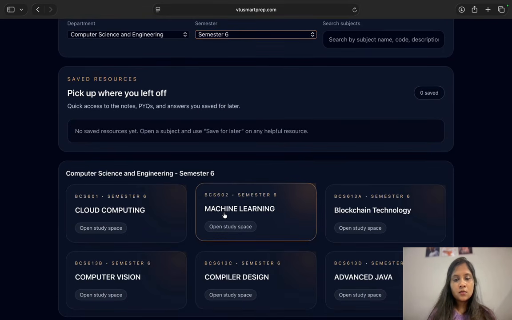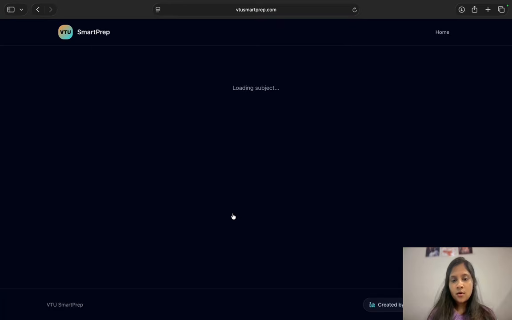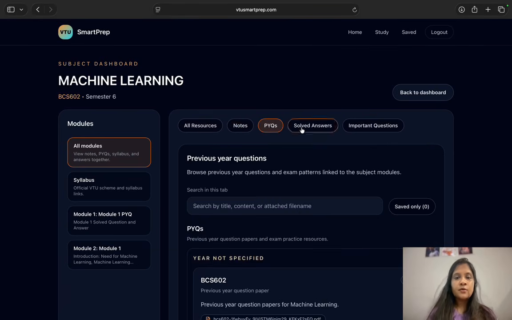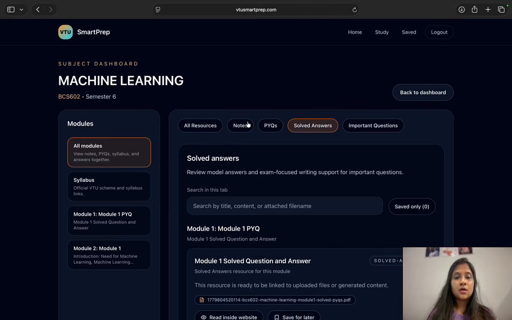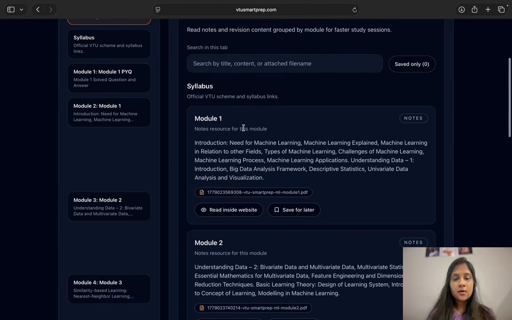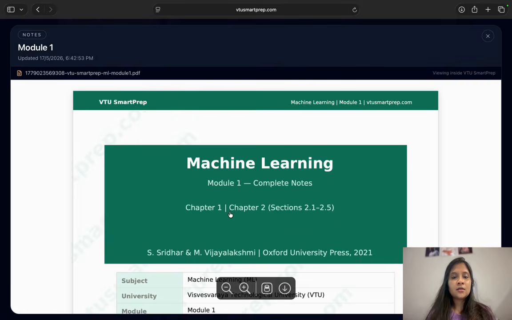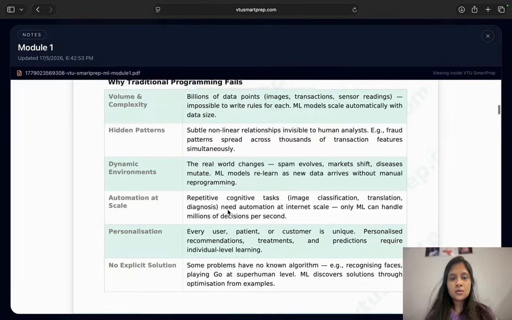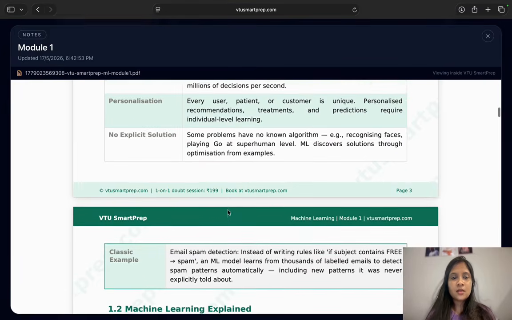So I was talking about machine learning. Here you are going to get the syllabus, notes, PYQs and solved answers. Notes are available for module 1. You just click on read inside the website. Beautiful notes, very easily explained.